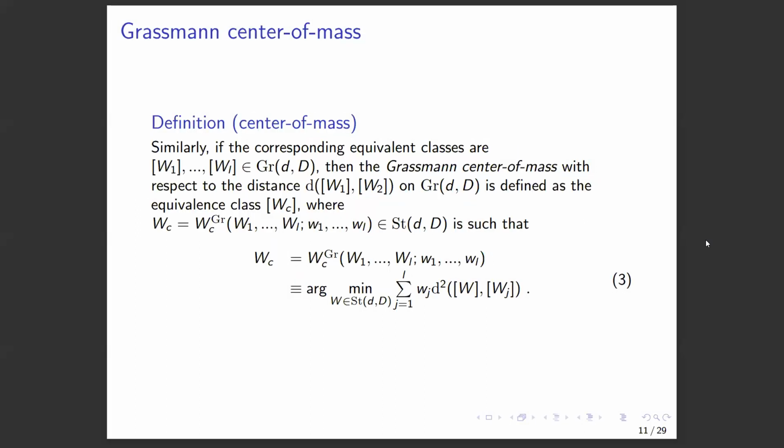And similar to the Stiefel center of mass, the Grassmann center of mass with respect to the distance on the Grassmann manifold is defined as the equivalence class that minimizes the function given by the weighted sum of squared distances.